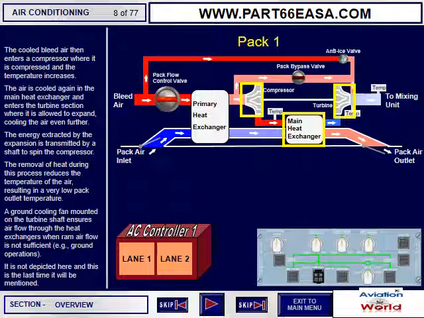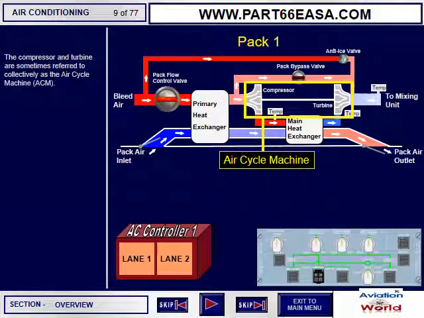A ground cooling fan mounted on the turbine shaft ensures airflow through the heat exchangers when ram airflow is not sufficient, for example, ground operations. It is not depicted here, and this is the last time it will be mentioned. The compressor and turbine are sometimes referred to collectively as the air cycle machine, or ACM.